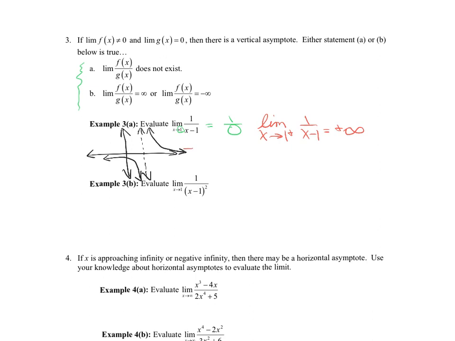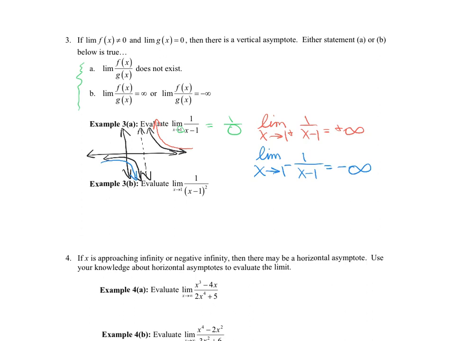So as x approaches 1 from the right side, we head up towards positive infinity. However, the limit as x approaches 1 from the left side of the graph, we approach negative infinity. So here we are approaching 1 from the left side, and the branch shoots down towards negative infinity.